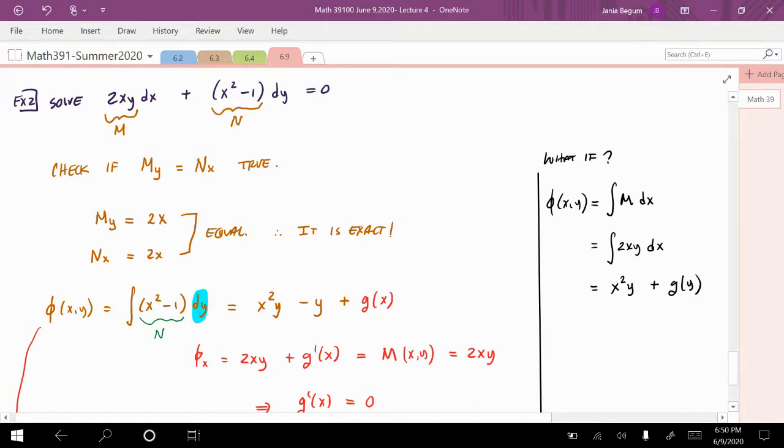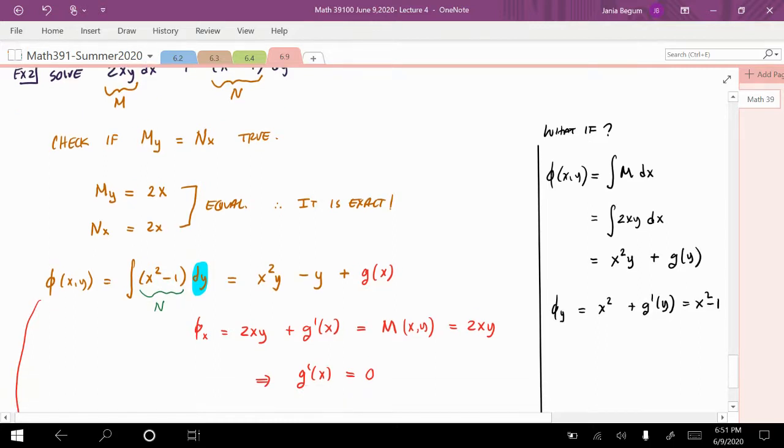And now I'm going to differentiate this with respect to y, so I get phi partial y is equal to x squared plus g prime of y. Well, what is phi of y? Phi of y is nothing other than n, which is x squared minus 1, from the original equation.